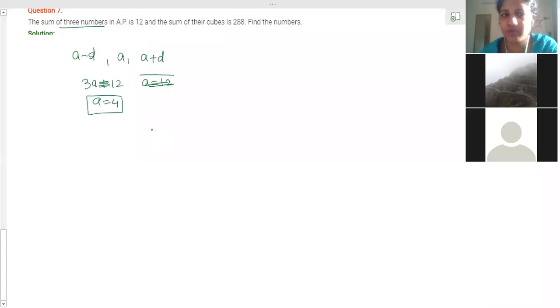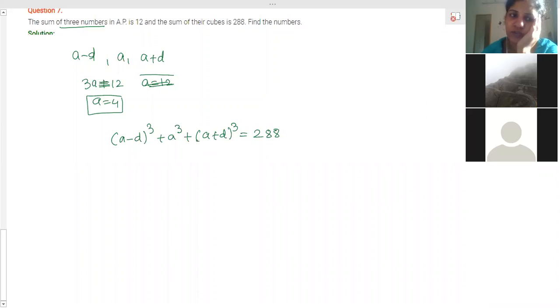Sum of their cubes. Cube means here (A minus D) whole cube plus A cube plus (A plus D) whole cube is equal to 288, they have given us. Now the formula for (A plus B) and (A minus B) whole cube you have to use. So what are the values?